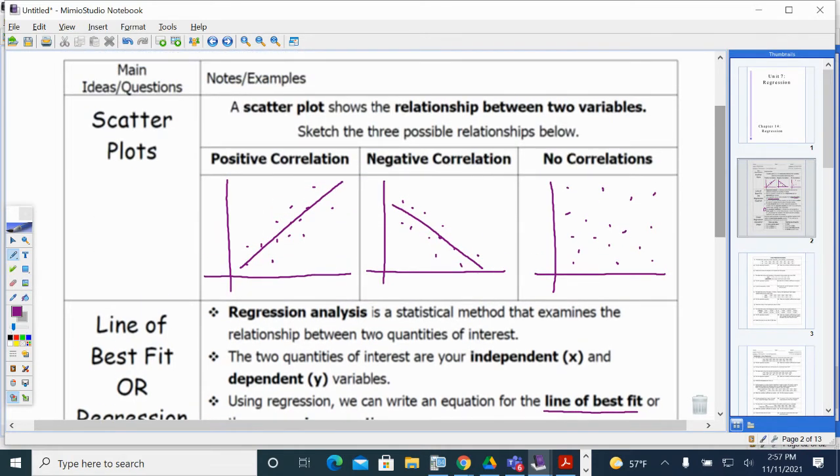So the correlation coefficient is an R, and when we look at no correlation, the correlation coefficient is going to be 0 or close to 0. For our positive correlation that I've got drawn, the correlation coefficient will be close to a +1.